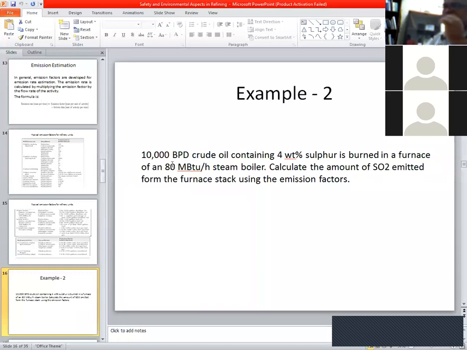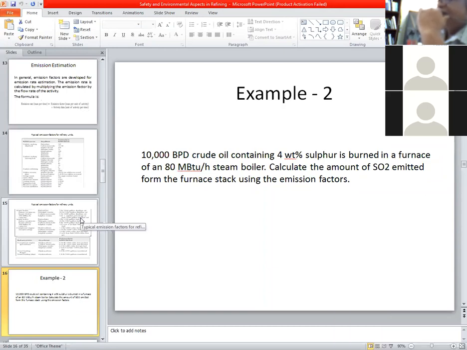But here, since it is below 100, we choose the one for below 100, and that is 42. Okay, weight percent, very good. The composition of sulfur is 4%, and then the crude feed rate is converted to gallons per day.